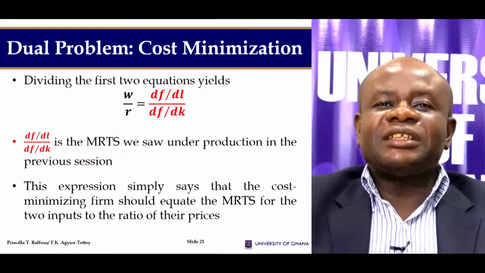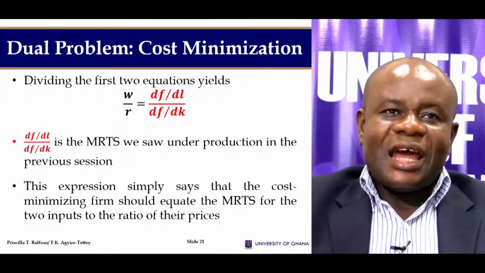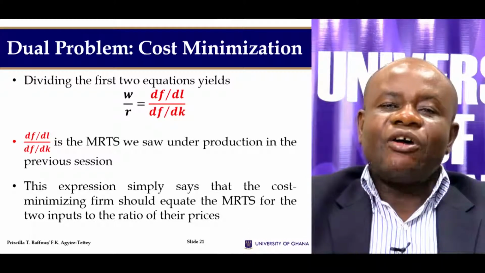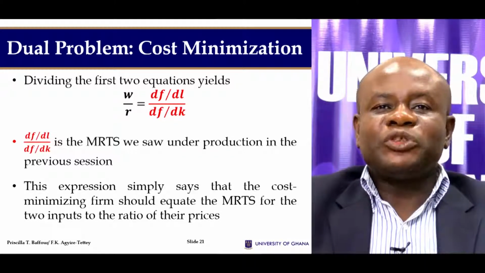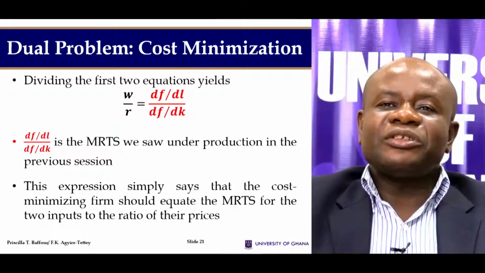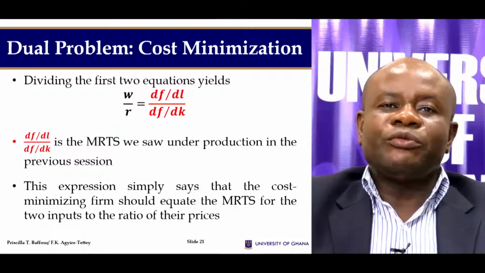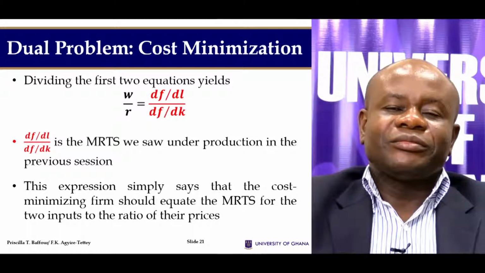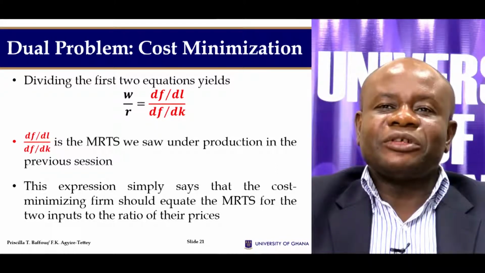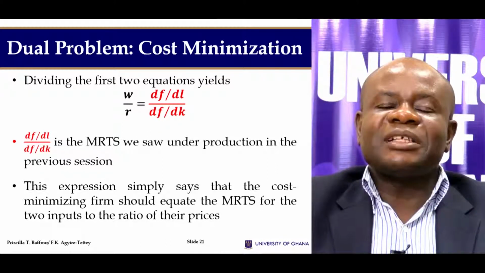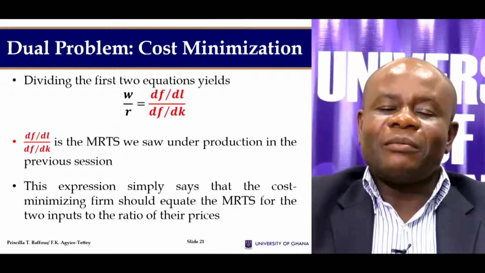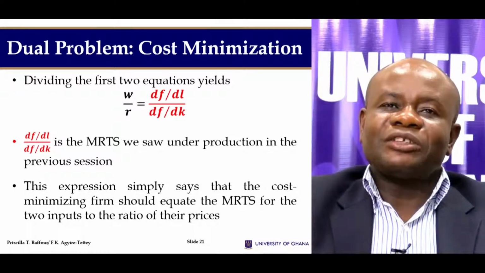So this expression is simply saying that the cost minimizing firm should equate the marginal rate of technical substitution for the two inputs to the ratio of their prices. That is, the marginal rate of substitution, labor for capital, must be equal to the wage divided by the price of capital.